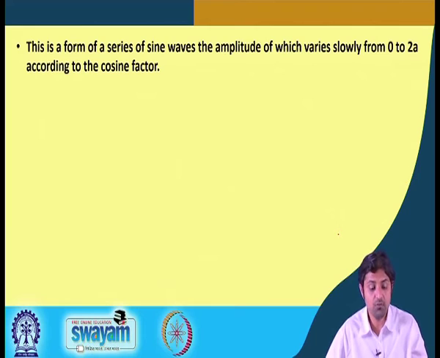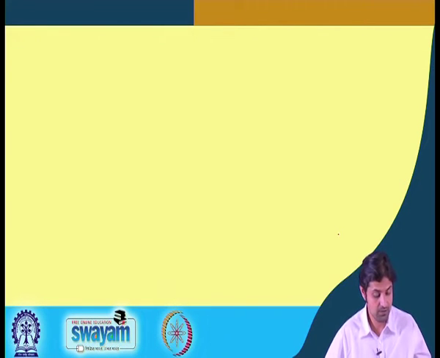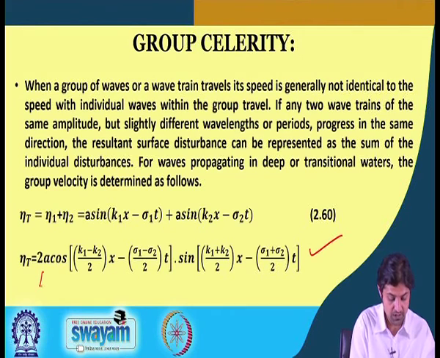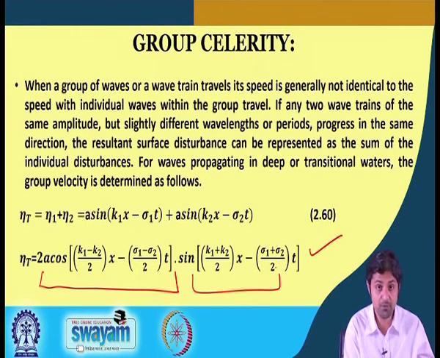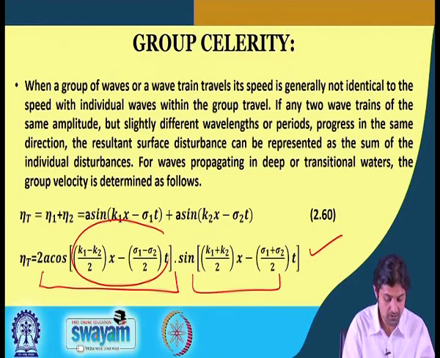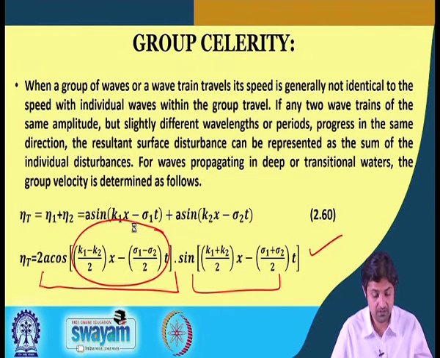So, this is a form of a series of sine waves, the amplitude of which varies slowly from 0 to 2a according to the cosine factor. So, we say this is the amplitude of the wave and this is the phase, and the amplitude varies from 0 to 2a depending upon what the phase is here.